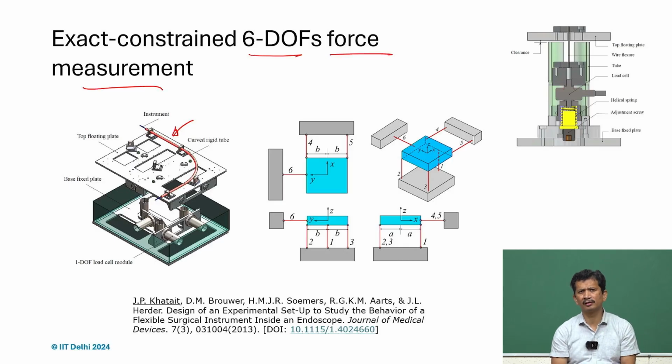In a way it is a 6 DOF force measurement device, or you can even call it a load cell, or many times it is also referred to as a reaction platform, but it can be designed as per our requirement, and we do not have to buy very expensive 6 DOF load cells, multi axis load cells, but we can just use the concept and design our own reaction platform.